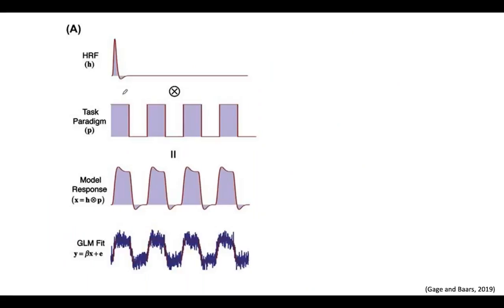Just to give you an idea about how the fMRI signal is being processed. We discussed the BOLD response. This is the BOLD response. We call that the hemodynamic response function, so it is something like a function.